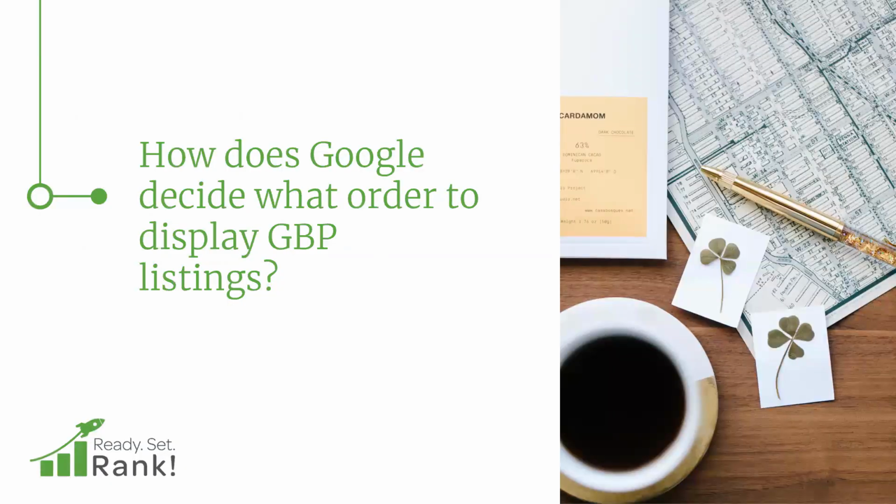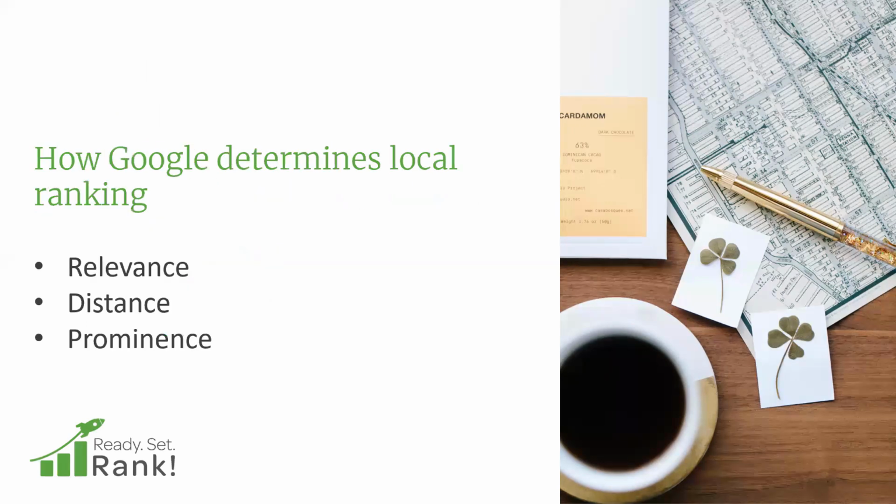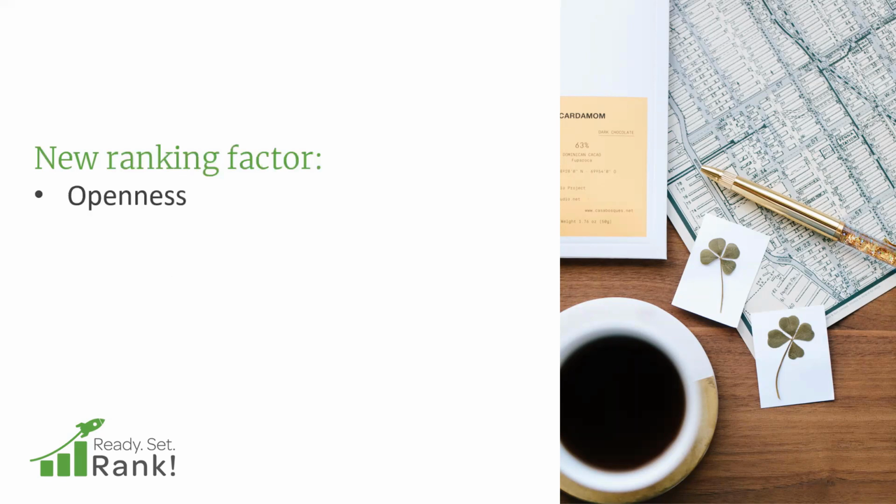Now, how does Google decide what order to display the Google Business Profile listings? If you've joined one of these trainings that I've done before, this might sound familiar to you, but relevance, distance, and prominence have been factors for a long time. But this one's kind of important, and we're going to hone in on this for a couple minutes.